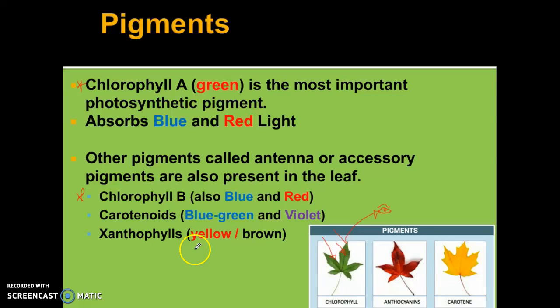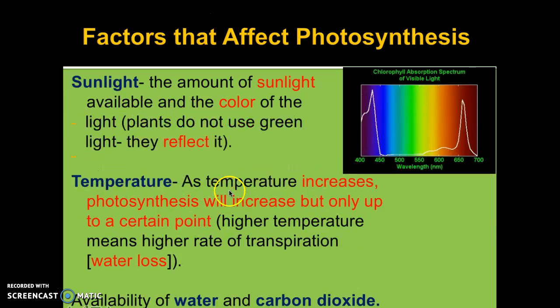And then xanthophylls, which is basically what makes them sometimes look yellowish, reddish. Okay, but these are not so important. I would rather focus my time on remembering that chlorophyll A and B are going to absorb blue and red light.